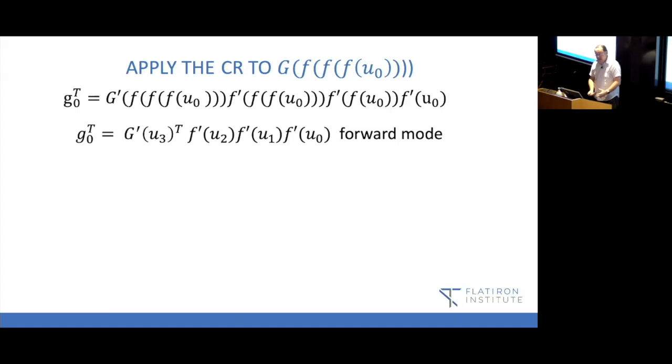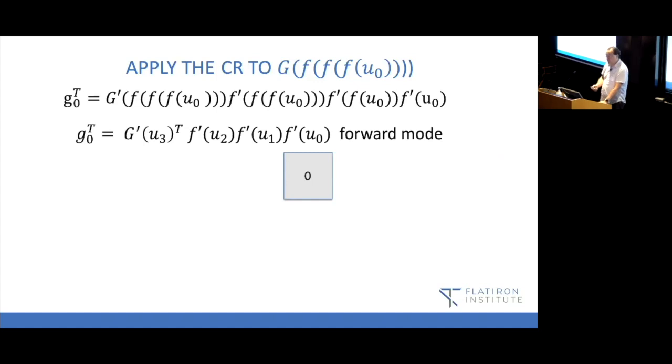We just have to evaluate this G prime at the final time, multiply it by the Jacobian of f at the previous time, multiply by the Jacobian of f at the time before that, and multiply by the Jacobian of f at the initial time.